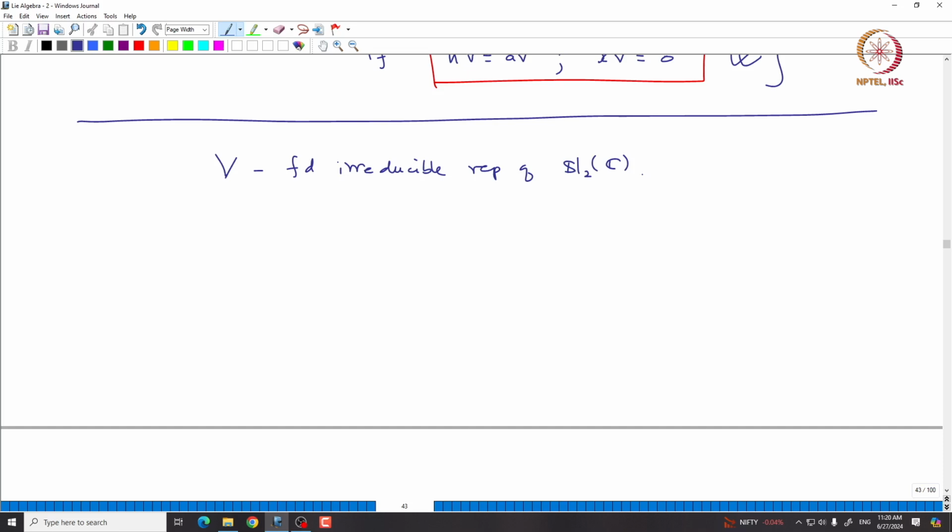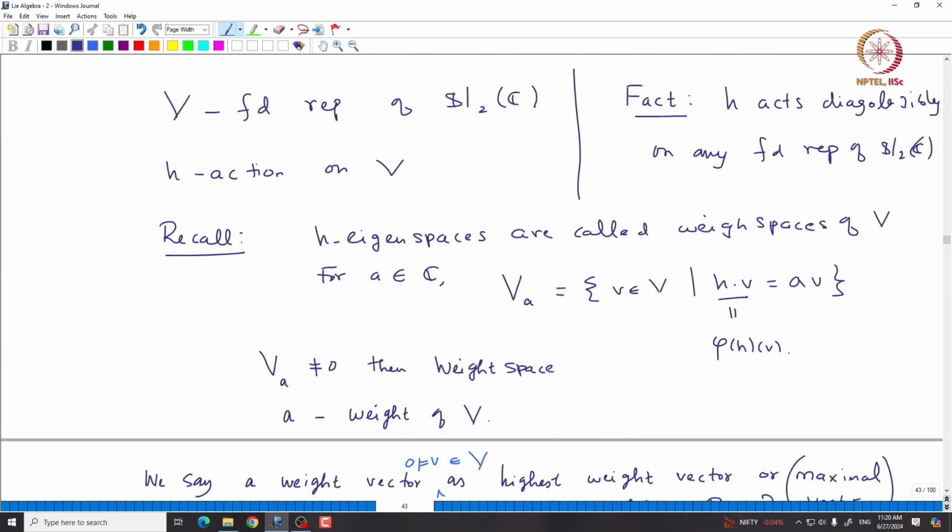As I already told, we are expecting H to act diagonally on any finite dimensional representation. In order to prove that, first we need to prove that it happens in the irreducible case. Then you can use Weyl's complete reducibility to say that H acts diagonally on any finite dimensional representation. But one can also straight away prove that. We will try to give both proofs.